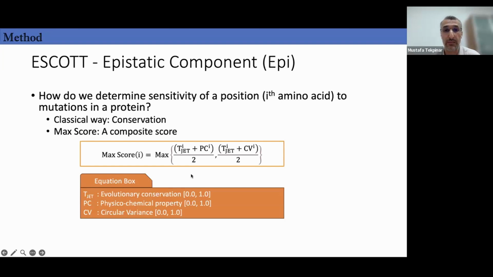So we are building binary linear combinations here, TJET plus PC divided by 2, TJET plus CV divided by 2, and then we select the maximal of these. And this gives us max score for that position in general. So we define importance of a position with max score instead of going to conservation standard way.